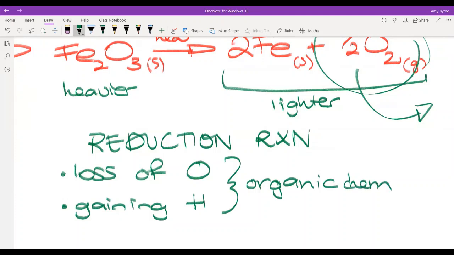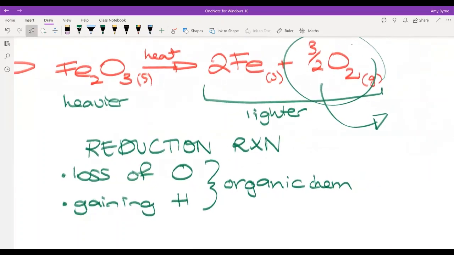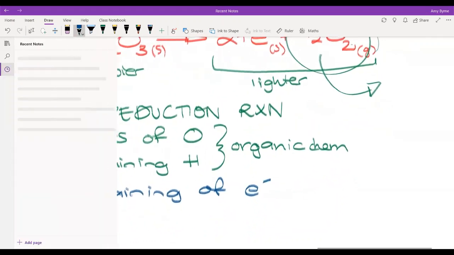Even though they're not the definitions that we will mostly be using in this chapter, you need to be aware of them, because the definition that we actually use is much harder to see in the same way we can see loss of oxygen or gain of hydrogen. The definition that we use most often in this chapter is that reduction reactions involve the gaining of electrons.